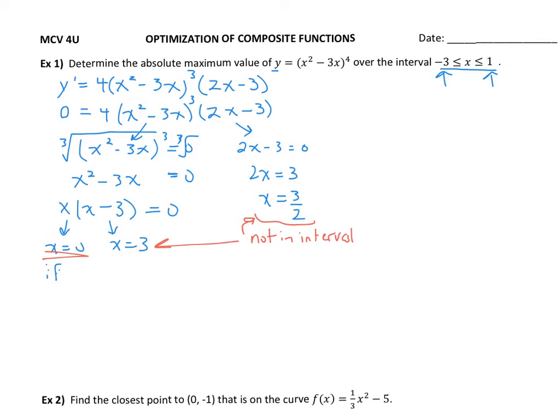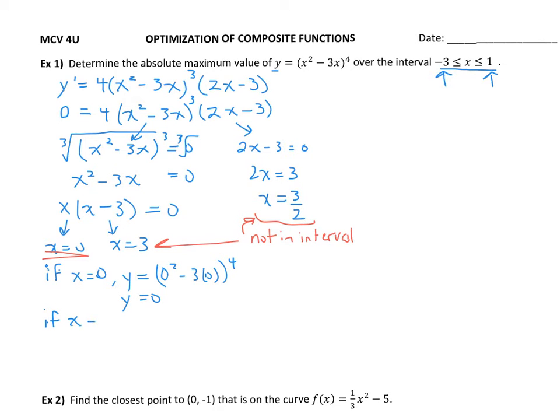So if x equals 0, our y is going to equal 0 squared minus 3 times 0, all to the exponent of 4, and that's just going to equal 0. So its value is 0, so right now we have a maximum of 0 within that interval, except now we also need to check the endpoints of that interval.